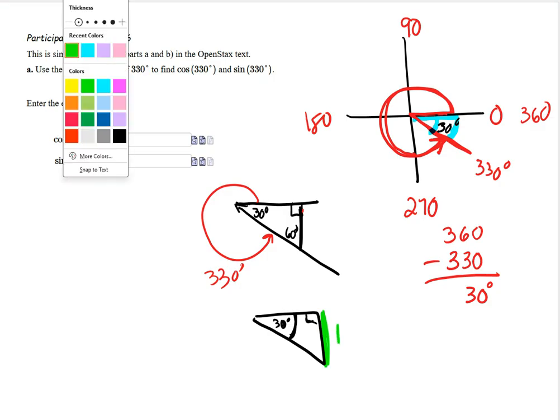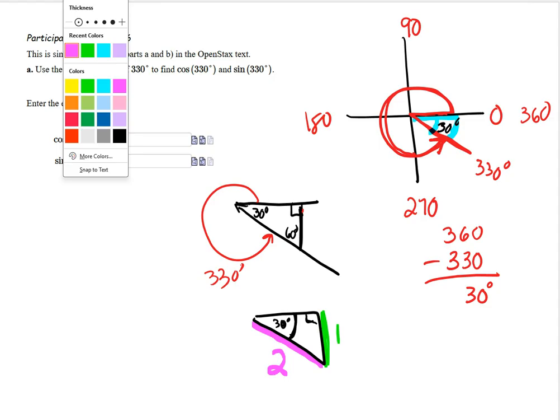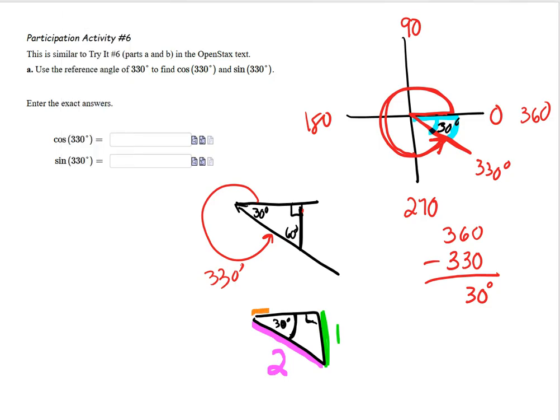And then the hypotenuse is the longest side, which will be twice the 1. And then your adjacent side to the 30-degree angle is the square root of 3. 1, 2, square root of 3.